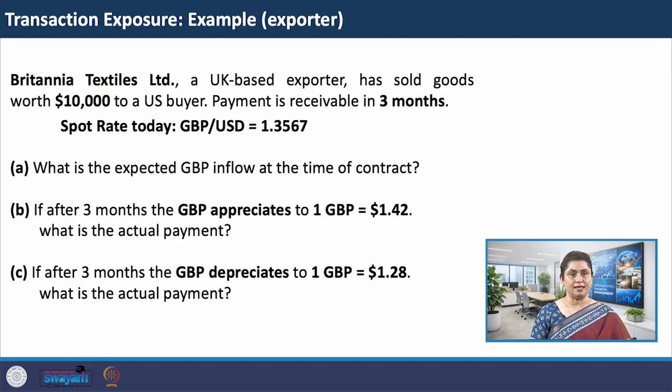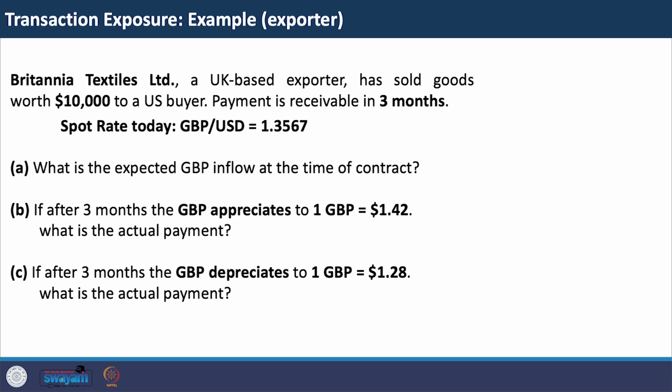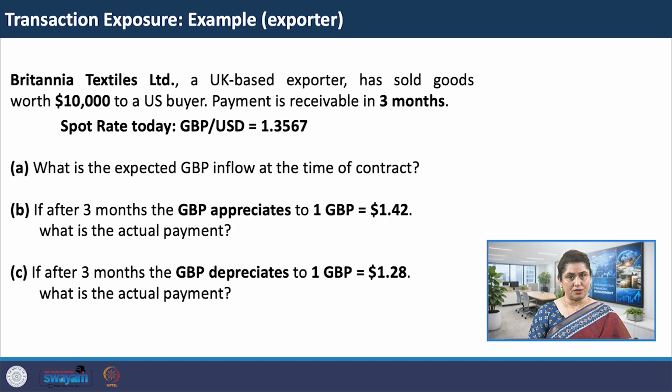Now, let us understand transaction exposure with the help of an example. Let's take the example of the exporter. We have been given Britannia Textiles Limited, which is a UK based exporter, and it has sold goods worth $10,000 to a US buyer. Payment is receivable in 3 months. We have been given the current spot rate, and we have been asked the following question. What is the expected British pound inflow at the time of the contract?